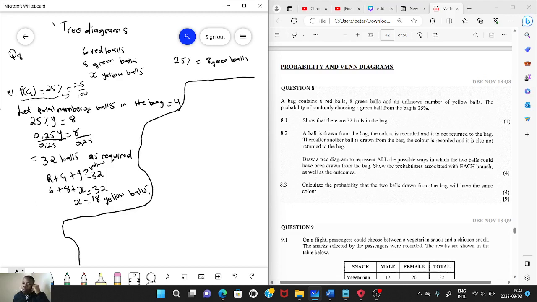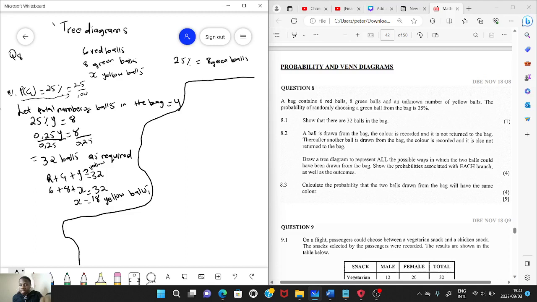So what happens now? They say a ball is drawn from the bag and the color is recorded, and it is not returned to the bag. So the moment we do not return, we say that we take without replacement, and the sample size decreases because we do not replace the ball. Thereafter, another ball is drawn from the bag.